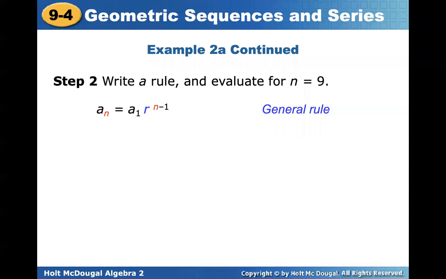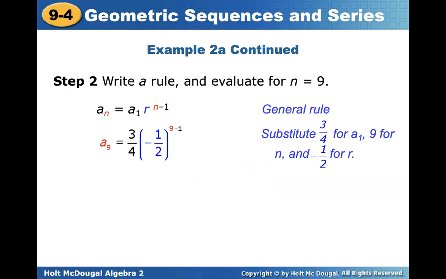Now, one thing I want to be careful with on this one specifically is that ratio. You're going to want to make sure you're very careful to put -1/2 in parentheses there. Just a little reminder here. These two things really aren't the same, are they?